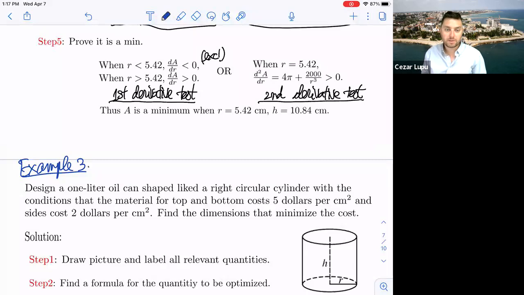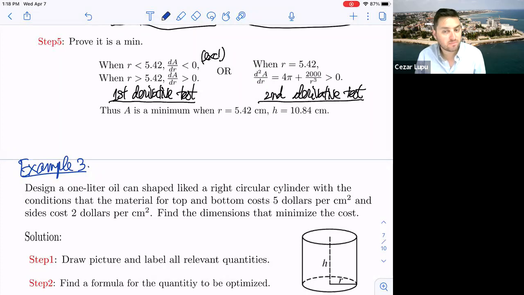We need to read the statement very carefully, because in the previous example we were dealing with a circular cylinder too, but we didn't ask anything about the material for the top and bottom, which costs $5 per centimeter squared. We only asked about the surface area and tried to minimize that. But here, there is something different.